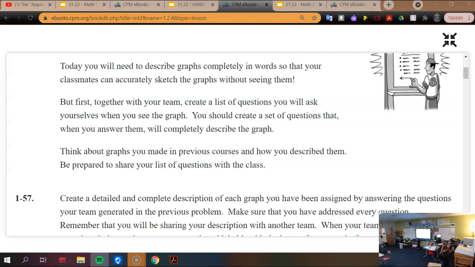Definitely can't call it a line. Well, you can call it a line segment. But if it's discrete, it's a collection of points. Because it's not continuous. I wanted to make sure we remember what discrete means.